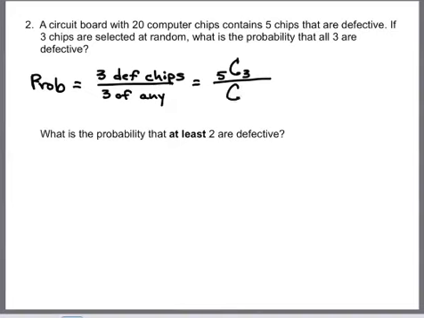How many total ways can we pick 3 of any chip? Well, there are 20 total chips. How many ways can we pick 3? So, how many ways can it come up 3 defective, out of how many total ways can we get 3 of anything?